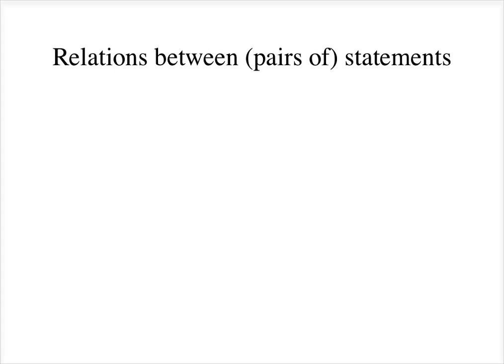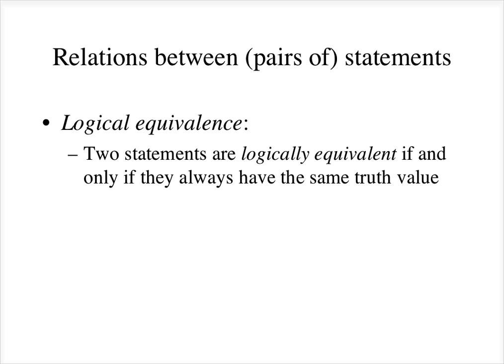In this lecture, I will discuss two different relationships that can hold between pairs of logical statements, or categorical propositions, as in this case. The first relationship is the relationship of logical equivalence.